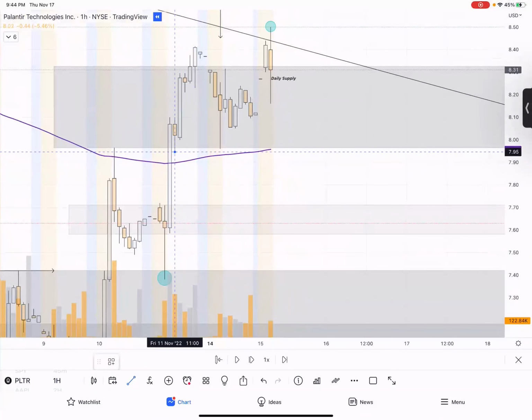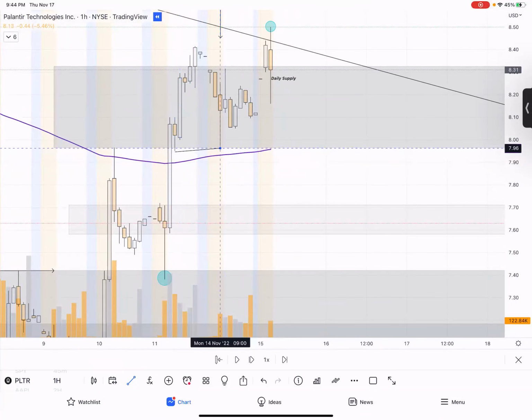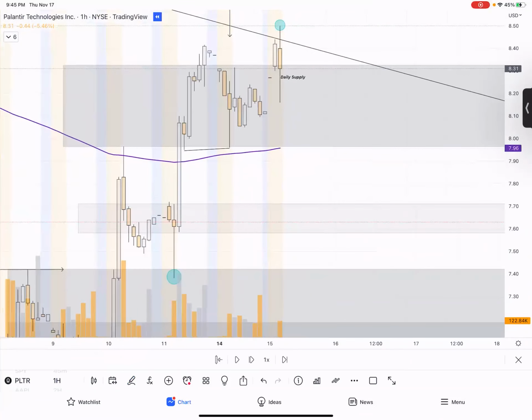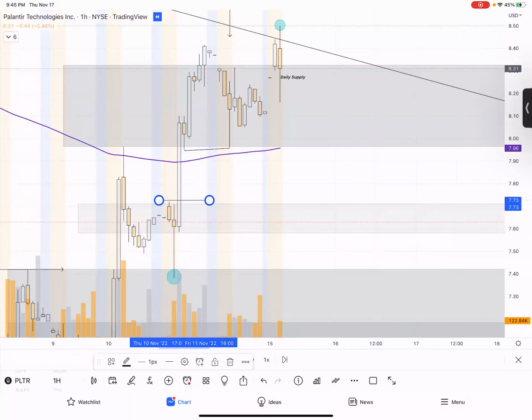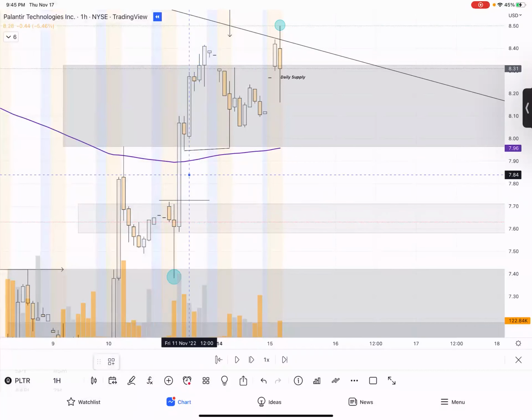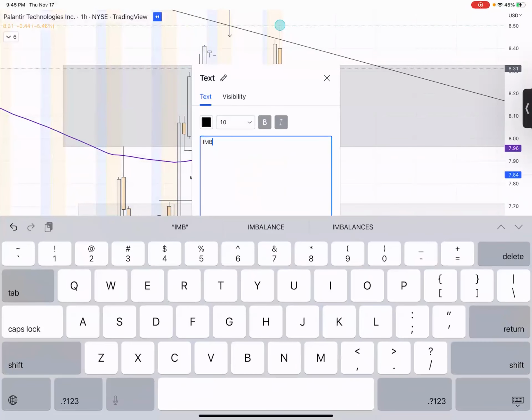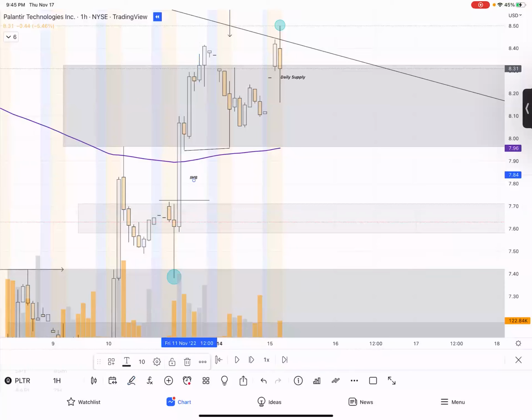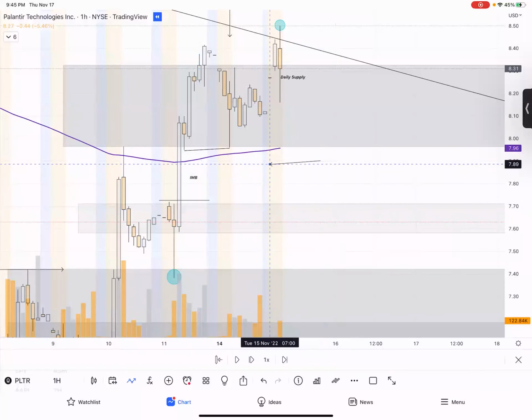In this example, we can see here that there is resting liquidity underneath our daily supply, as well as an imbalance that was left behind from the previous push higher.